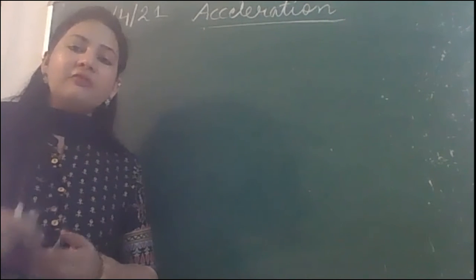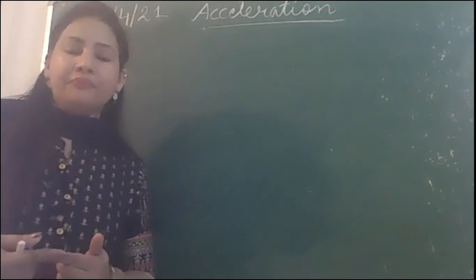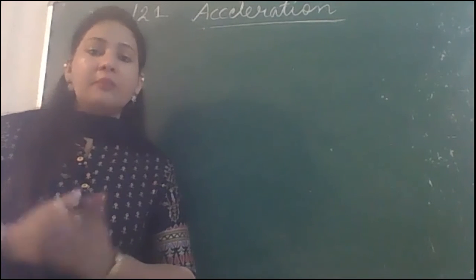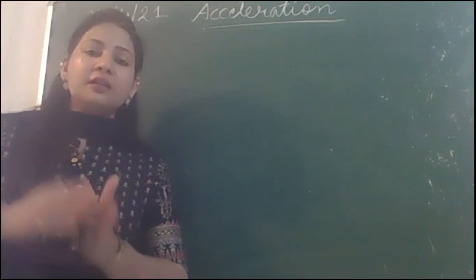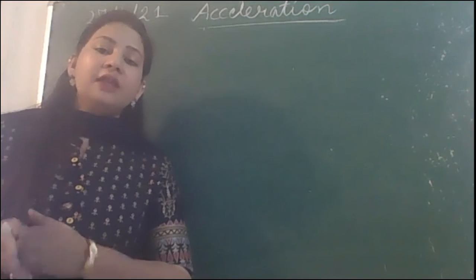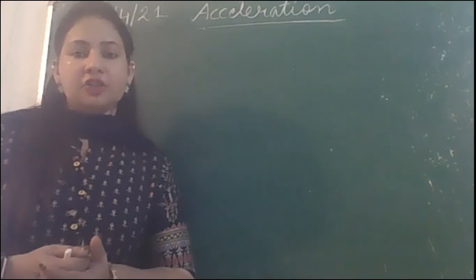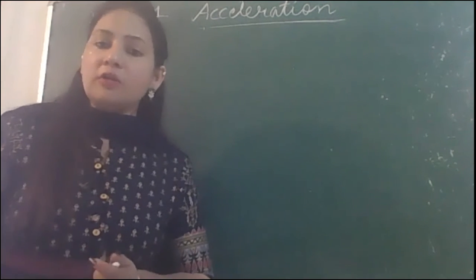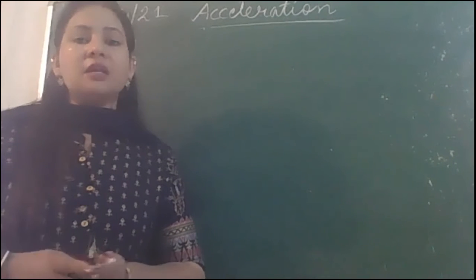So rate means when velocity is changing with time. Again, time consideration is very, very important here. ठीक है, हमें ये देखना है कि कितने टाइम में कितनी velocity change हो रही है. Then we will measure the acceleration, right? So time is very, very important when we talk about acceleration. Write the statement.